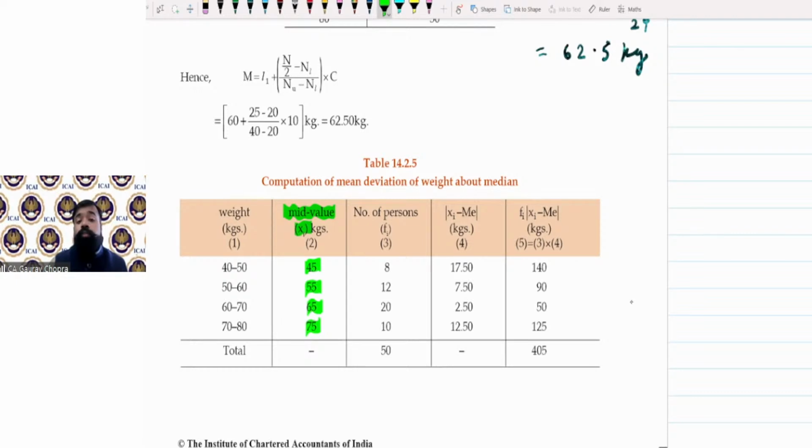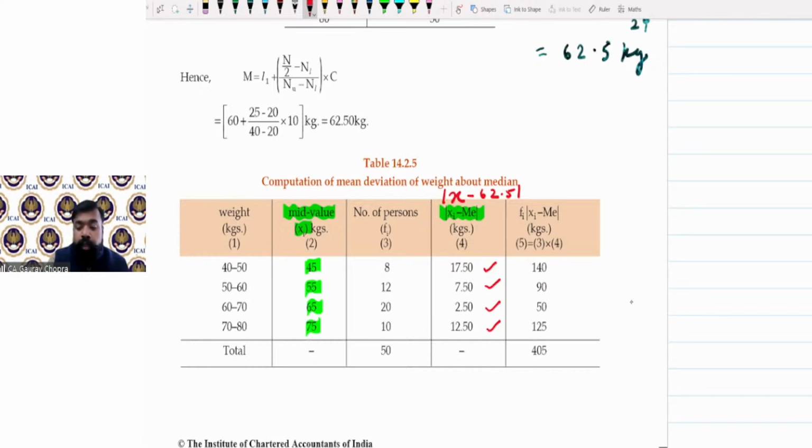So we have to take deviations from the mid value. So mod x minus median. That means we are doing x minus 62.5. So we are getting 17.5, 7.5, 2.5, and then 12.5. All these are the deviations.